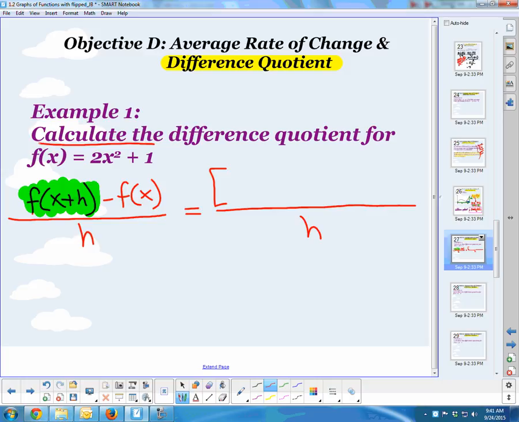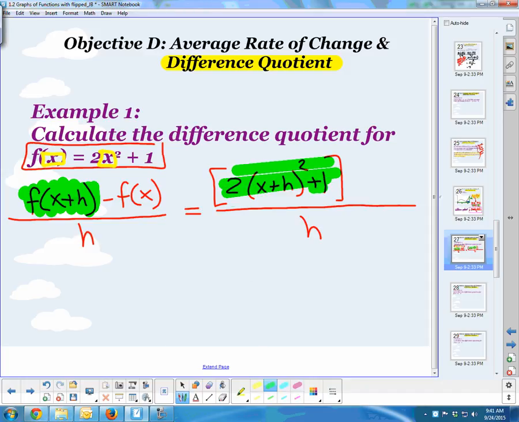Now, though, I have x plus h in the parentheses. So everywhere I saw an x previously, I'm going to replace all of these x's with x plus h. That gives me 2 times x plus h squared plus 1. Close that off.